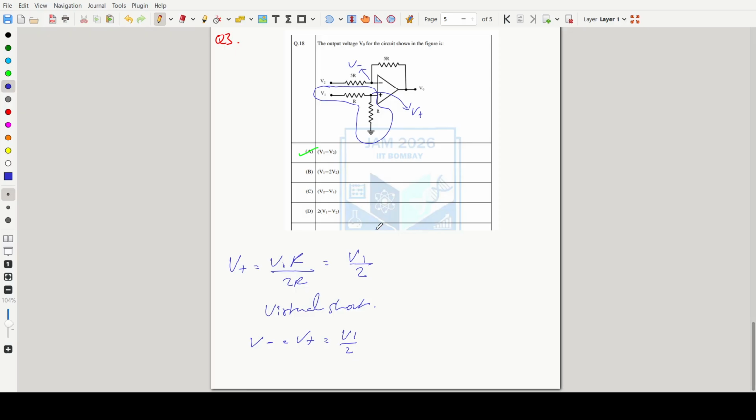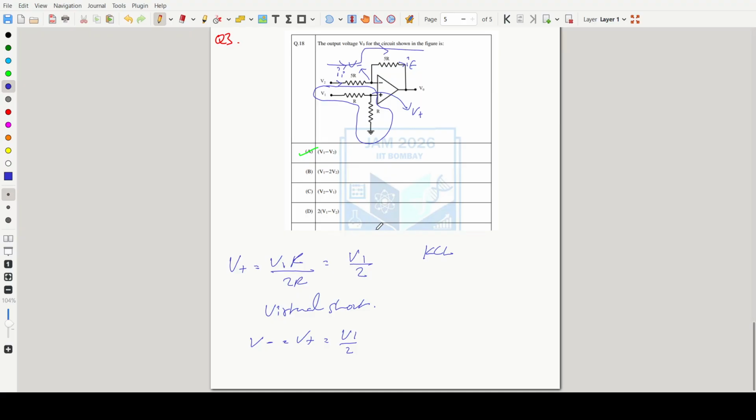Now that I have that, I'll use KCL, the current equation. Let me call this IF, and let me call this I, for example. Using KCL, and because of ideal op-amp characteristics, no current enters the op-amp, so every current goes like this.